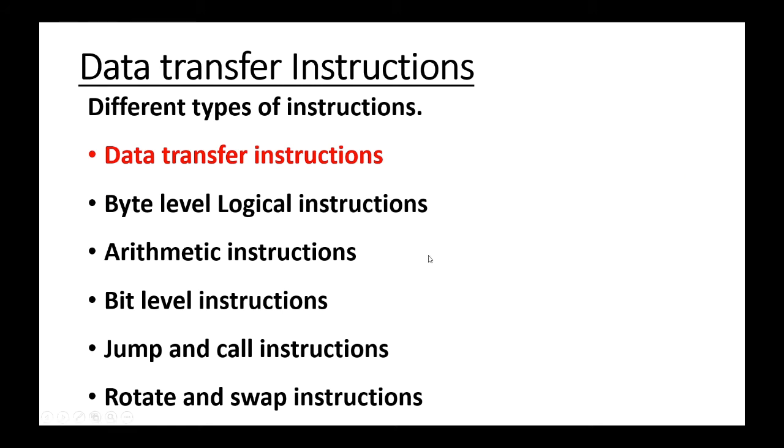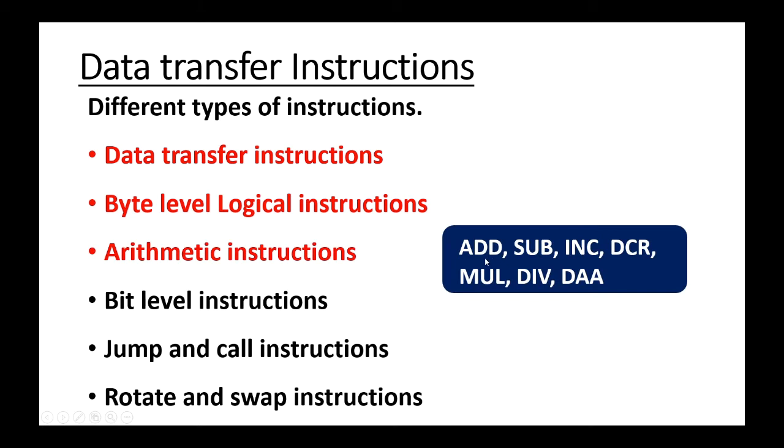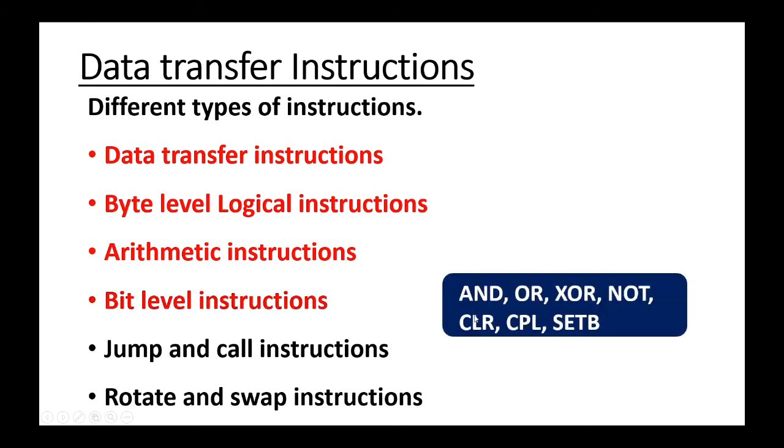In byte level logical instructions, there are AND, OR, XOR, NOT operations. In arithmetic, there are add, subtract, increment, decrement, multiplication, division, and decimal adjust accumulator instructions. Bit level instructions perform on a single bit of bit addressable memory or any SFR.